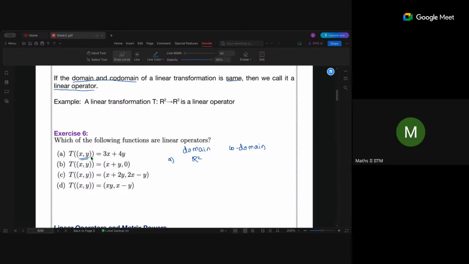Is it lying in R, R2, R3, R4? R2 means it should have two coordinates. What is the first coordinate and what is the second coordinate? Here only one coordinate is there. So what is the codomain then?